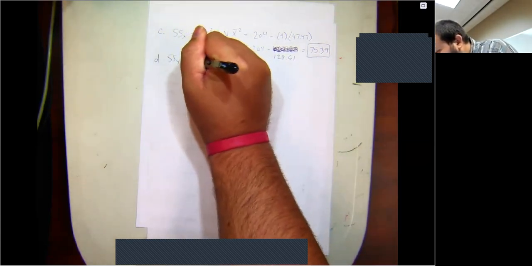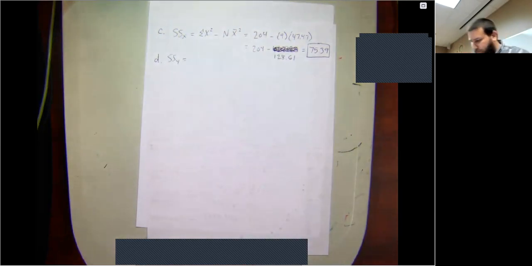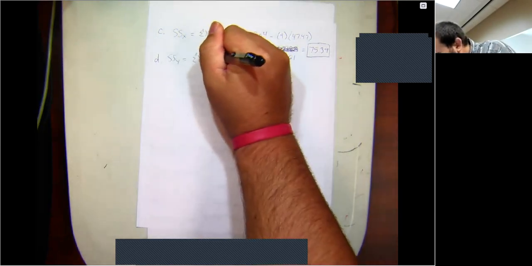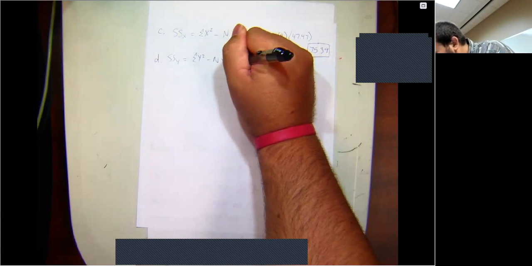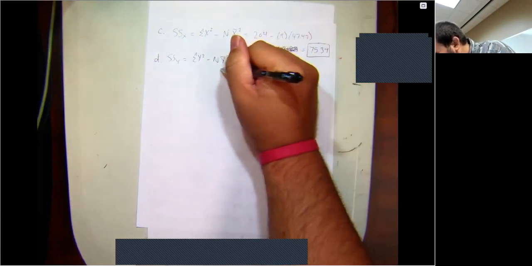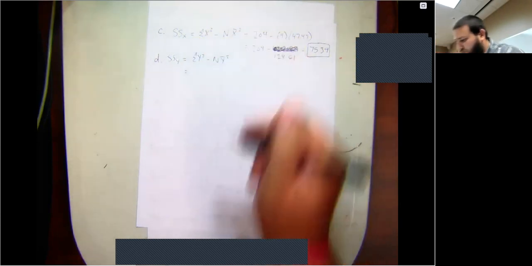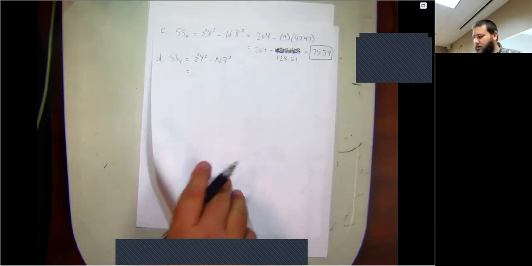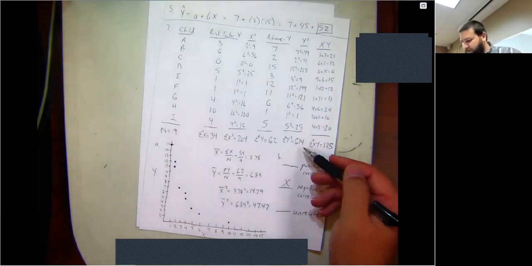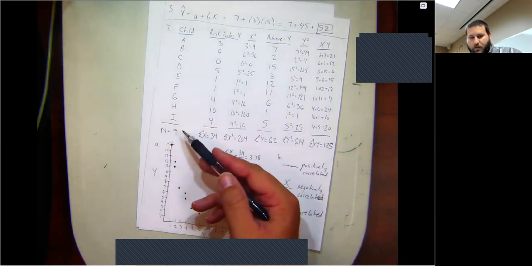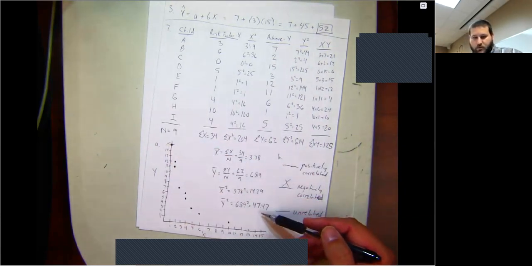SSY is sum of y squared minus n times y bar squared, which is equal to sum of y squared, 614. N was 9, y bar squared, 47.47.